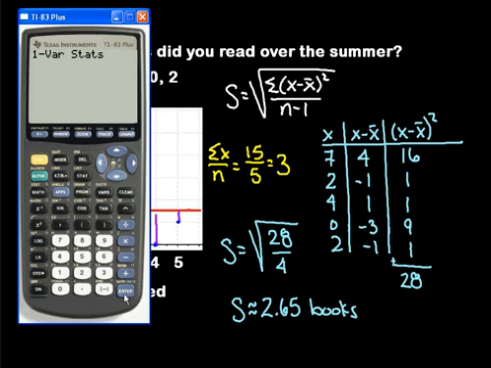Hit Enter, and from here you can actually get a whole bunch of information. You can get your x bar, your average, which is 3. You can get your sample standard deviation, 2.645. Your population standard deviation, you can get your sample size, you can get your 5-number summary for a box and whisker plot. Alright?